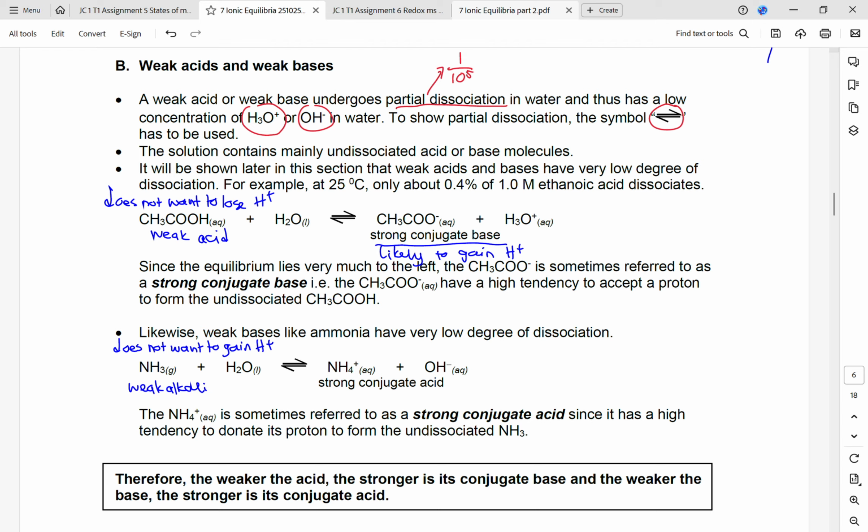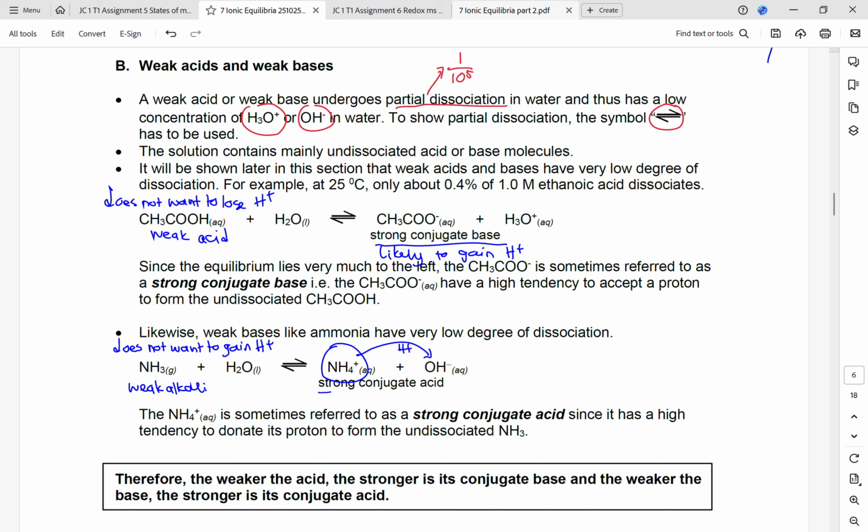That's how we describe bases, right? Bases are proton acceptors. So a weak base means it doesn't really want to gain a proton, even though it's possible to gain, but it really doesn't want to. All right. So once it is forced to gain a proton, it will readily lose the proton back, to the conjugate acid.